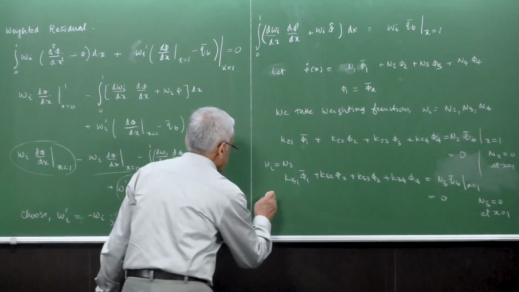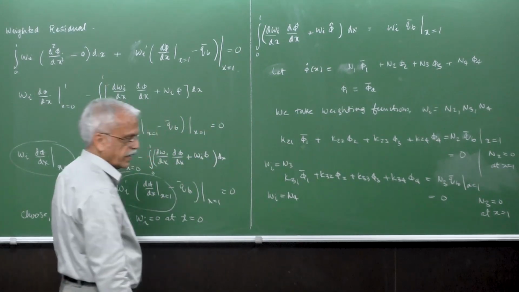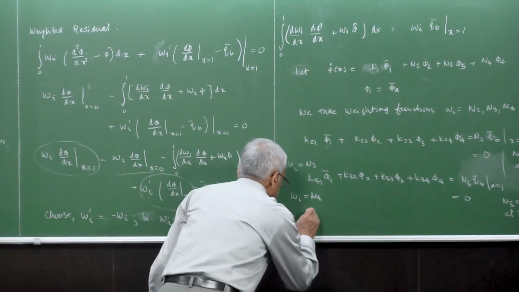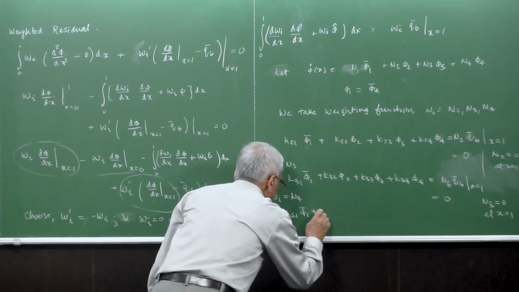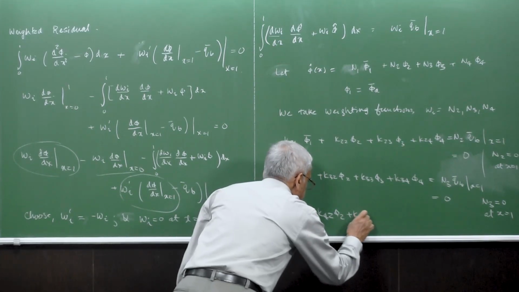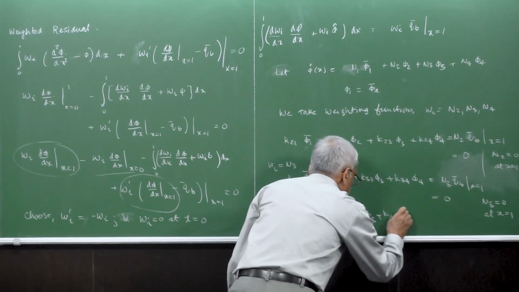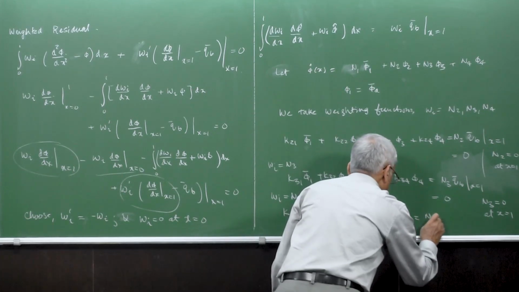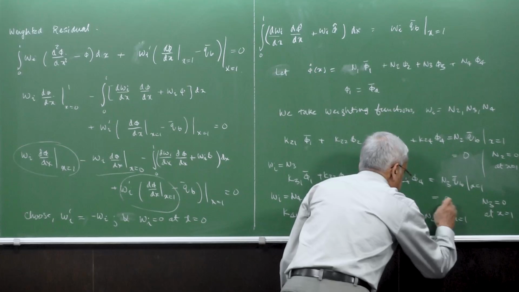Okay, so then the last equation we generate using the weighting function as N4. So here we will use again K41 phi 1 bar, K42 phi 2, K43 phi 3, K44 phi 4, and here we use N4 times QB at x is equal to 1.